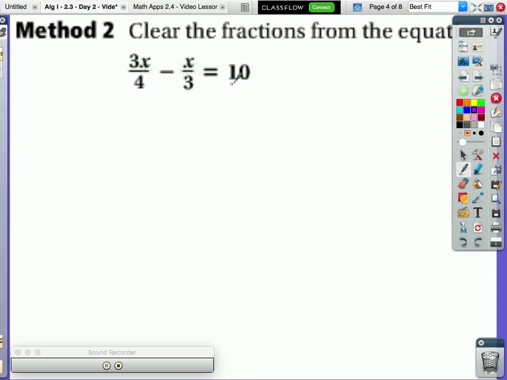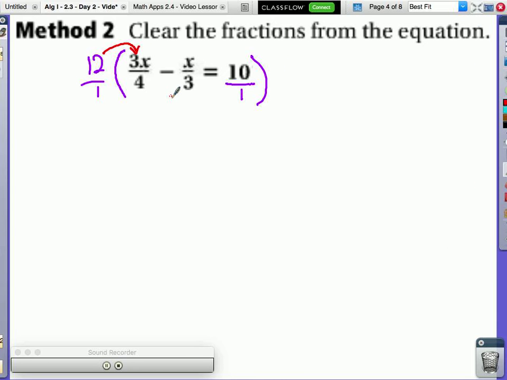So we're going to look at all of the denominators this time, 4, 3, and 1, and find what number all three of them go into, right? And the first number they have again is 12. So we're going to put the entire equation in parentheses, and we are going to multiply by 12 over 1. So we are basically going to distribute this to every term.